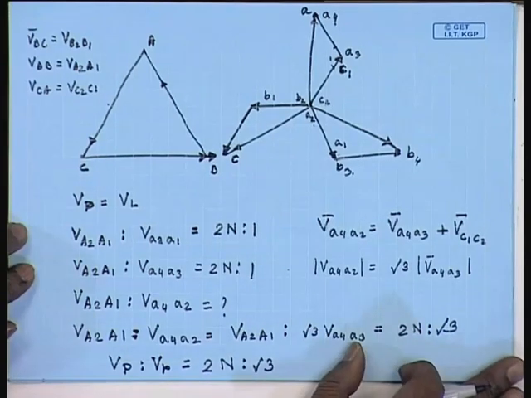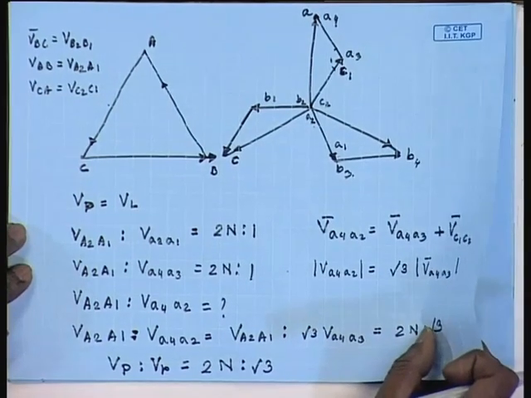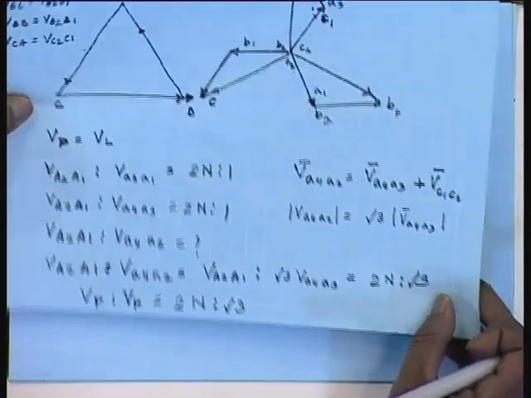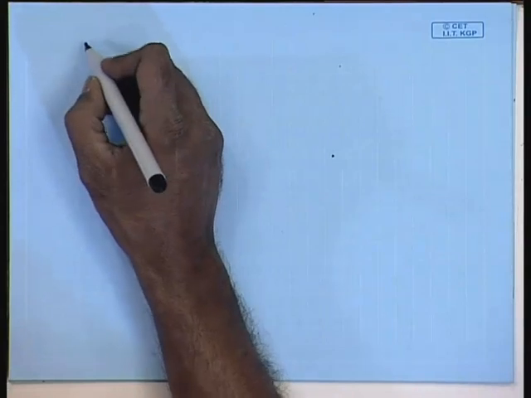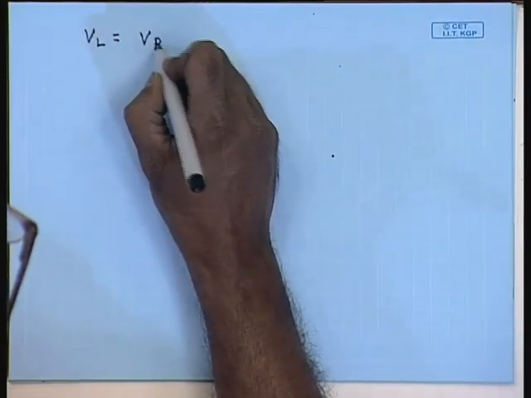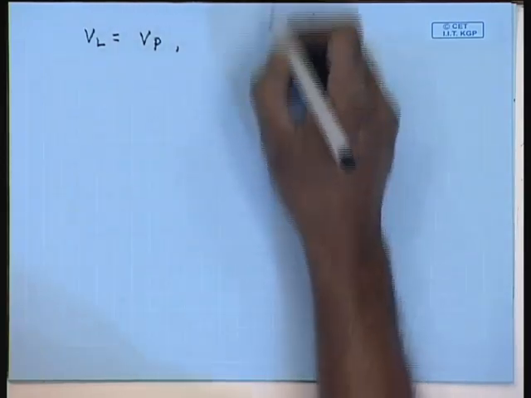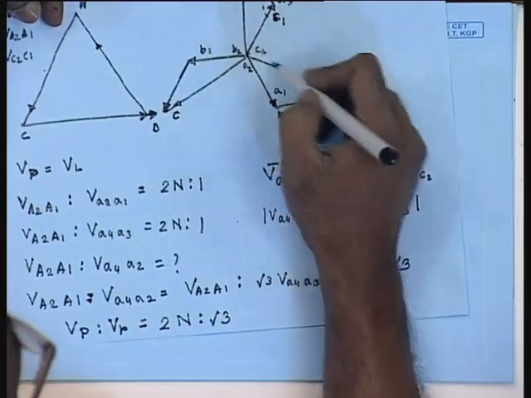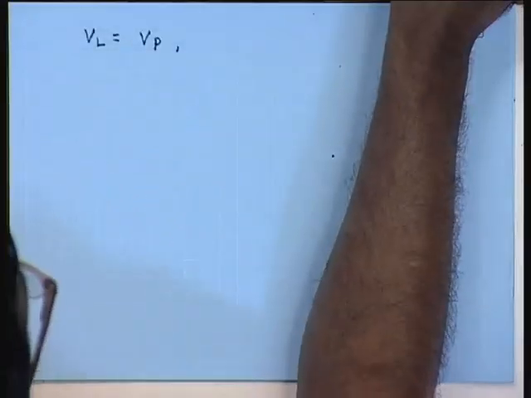What about the line? The line is simply obtained because on the high voltage side V L equal to V P. On the low voltage side, since after all this is star connected, this is incidentally called the zigzag star connection.